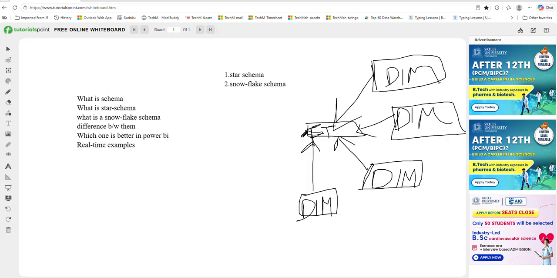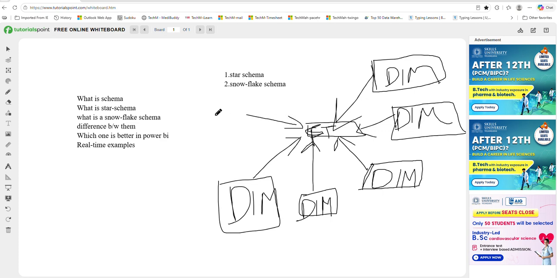Many tables will be situated here. This all comes under star schema. I hope you understand, guys.